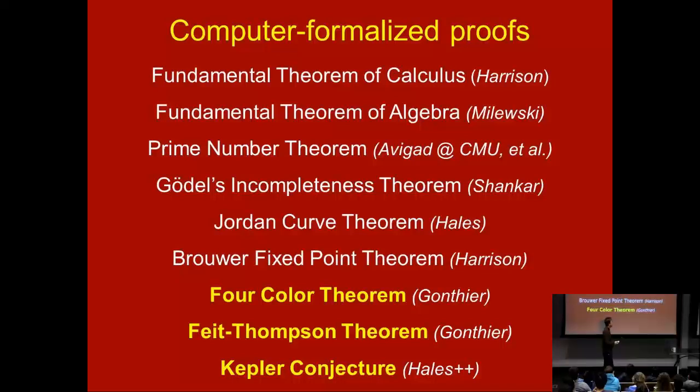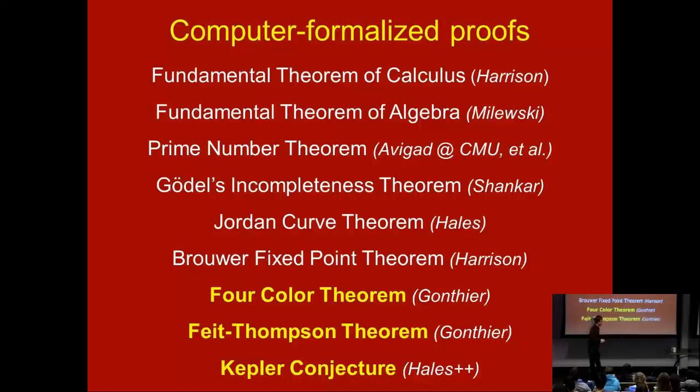Some other theorems. And the last three I'll mention are the most famous examples. They all took place within the last 5 years. Gonthier, at Microsoft, gave a completely computer formalized proof of the four-color theorem. This took him many years. And so now, I think the four-color theorem is practically the most well-verified theorem in all of mathematics.